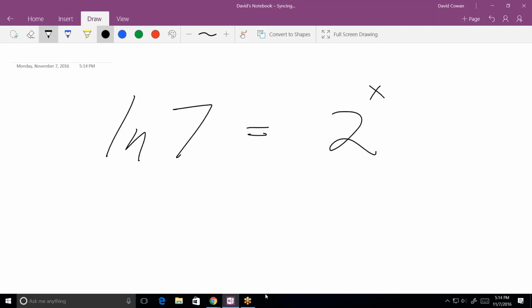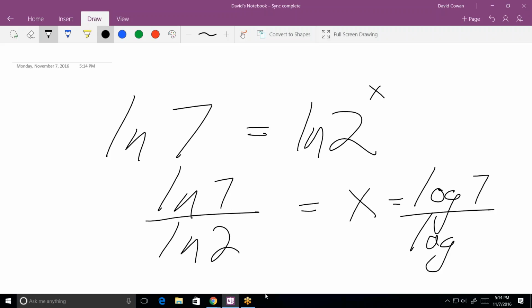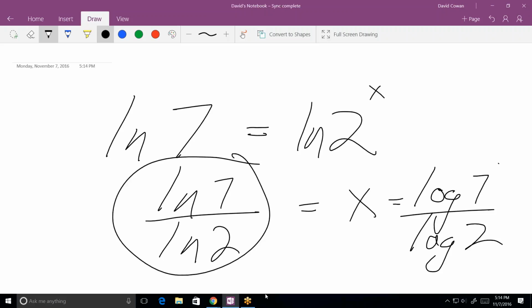I'm going to take the natural log of both sides. Then I'm going to bring down the x. So x is going to be the natural log of 7 divided by the natural log of 2. And you may say to yourself, well, how is that true? Because I just told you that it was equal to the log of 7 divided by the log of 2. Those two ratios are exactly the same.